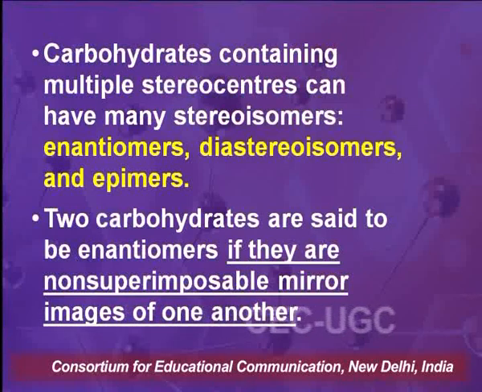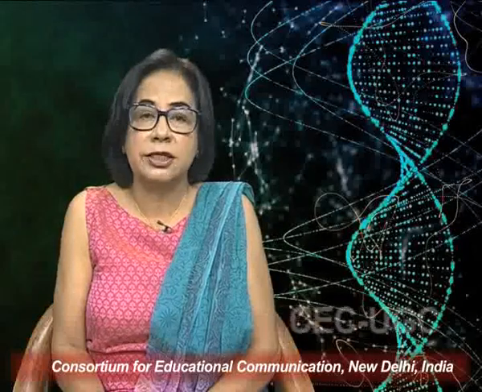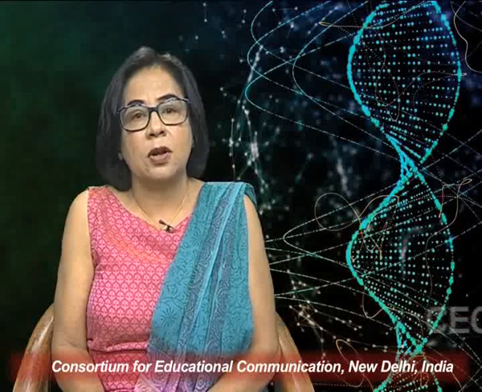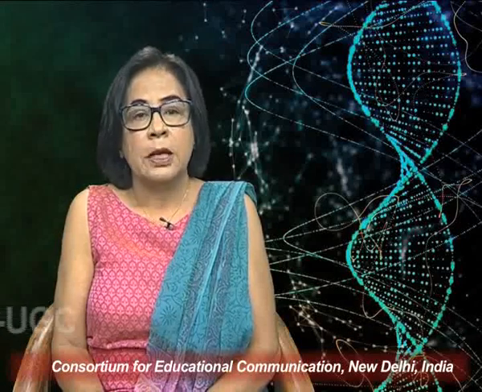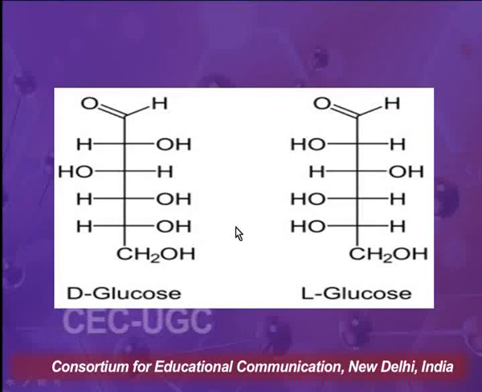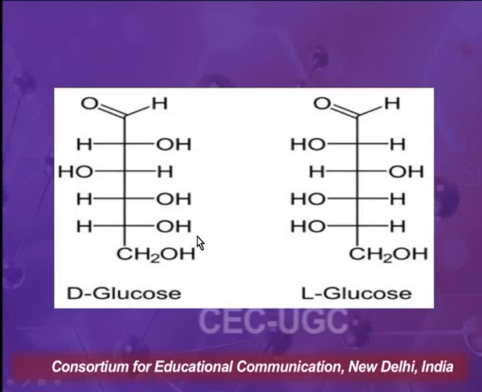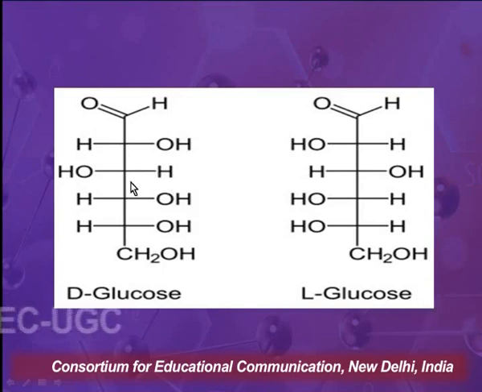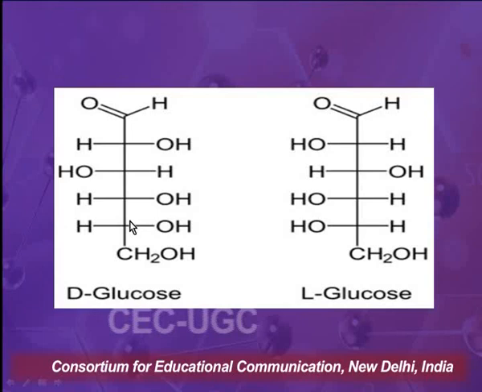As I've already said, 2 carbohydrates are said to be enantiomers if they are non-superimposable mirror images of one another, which I have illustrated by taking the example of glucose. Here again you can see that these 2 molecules of glucose are non-superimposable mirror images of each other because the configuration at each chiral carbon is different.